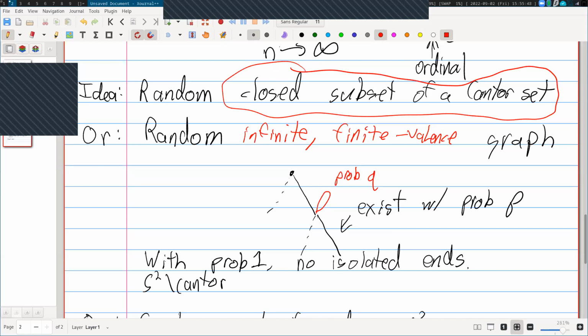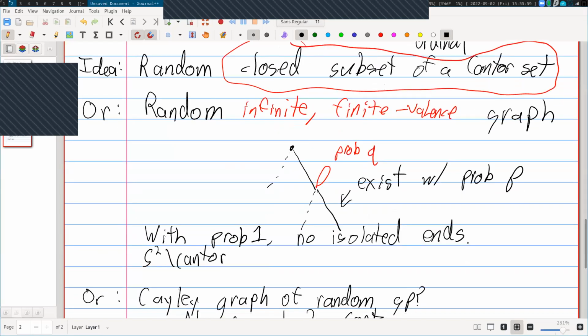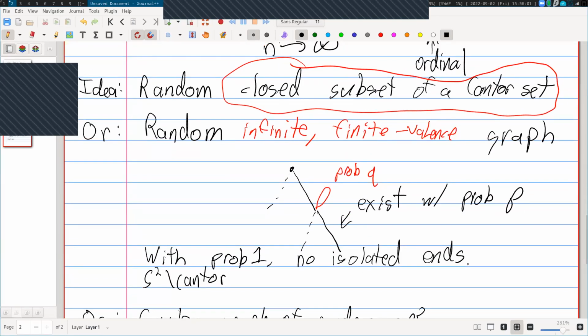Right. But here, can you not do something kind of stupid, which is you say the basic open sets are the things that contain a point in the Cantor set, and then you use that as a topology? Yeah, I haven't thought about what the consequence of that is.